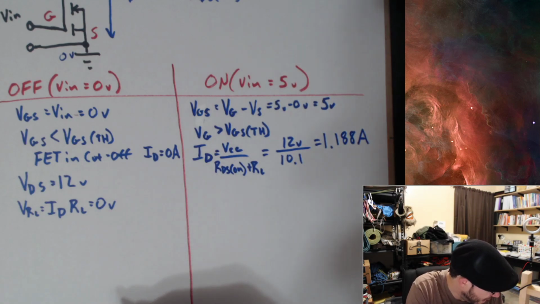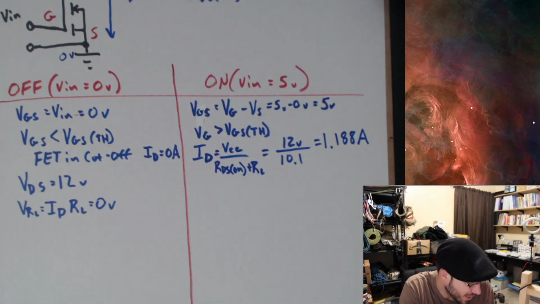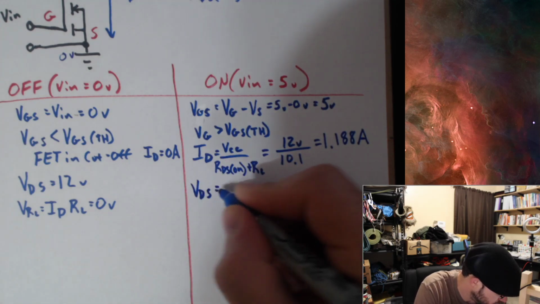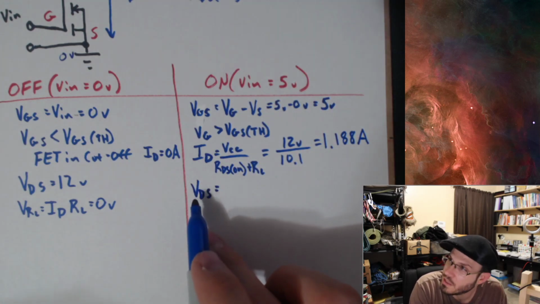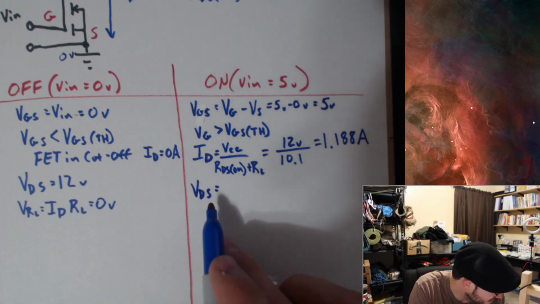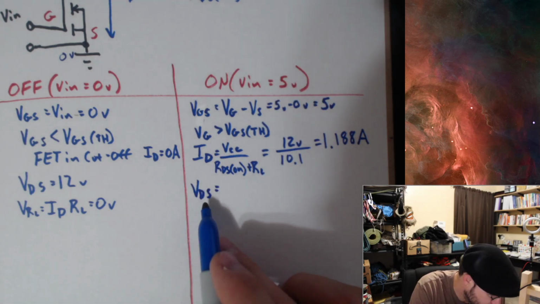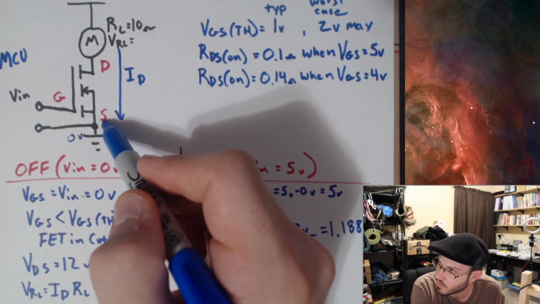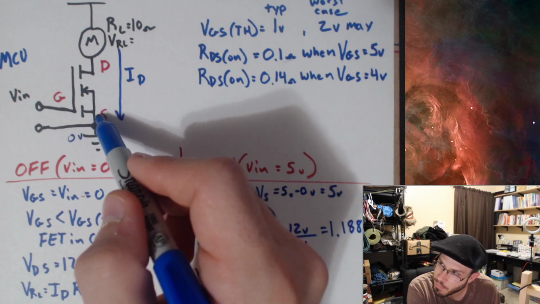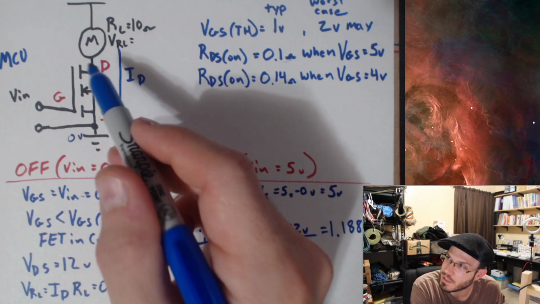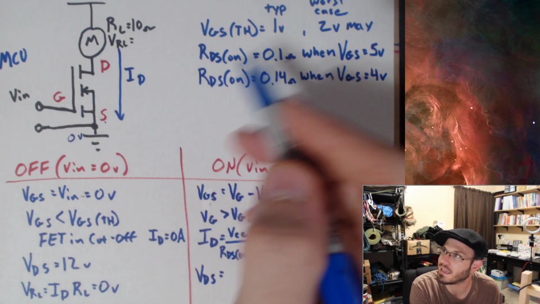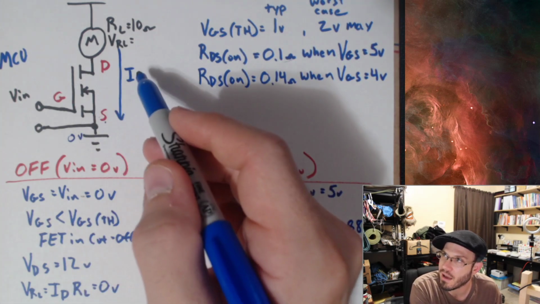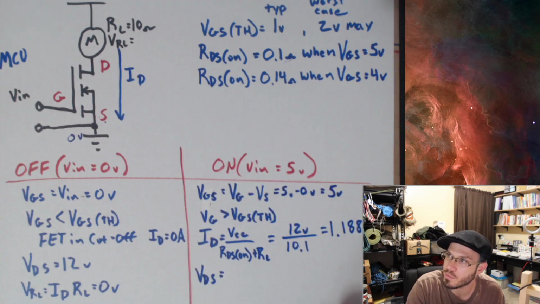Now let's figure out what the voltage is between the drain and the source. The voltage between the drain and the source is just going to be equal to the current flowing through the drain and the source multiplied by the resistance between the drain and the source. Since this is acting like 0.1 ohms, this might as well be a 0.1 ohm resistor, and I have ID flowing through it, so just apply Ohm's law.